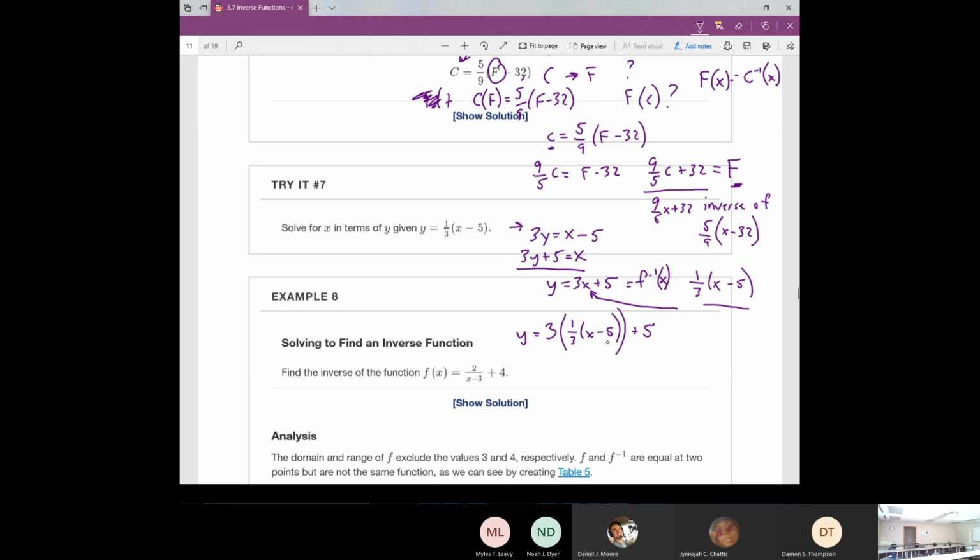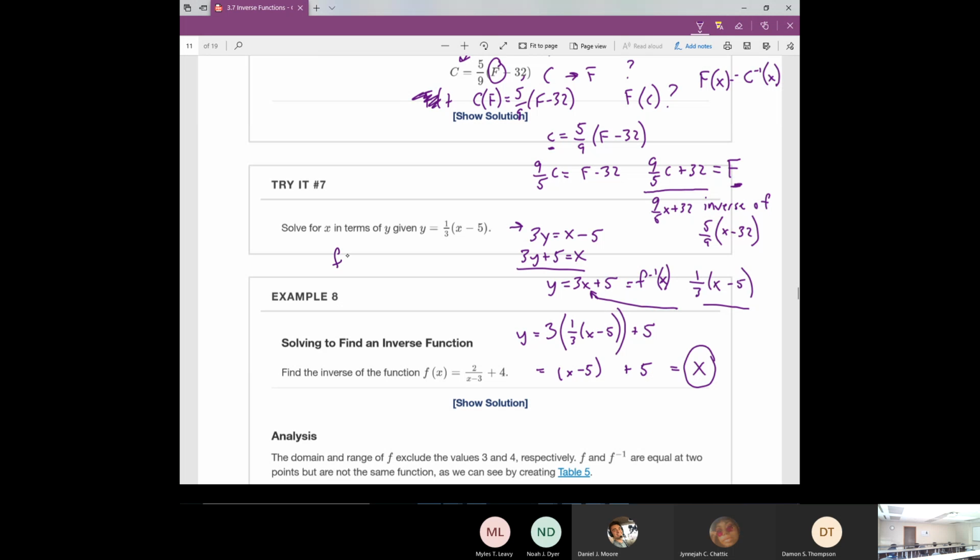Take that, put that where the x is. Well, I get 3 times 1/3, I get x minus 5 plus 5 equals x. So the inverse function gives me back x. So what I see here is, I've taken this, actually, this is f of x, right?